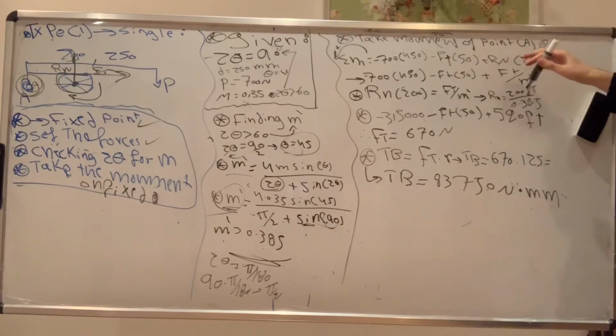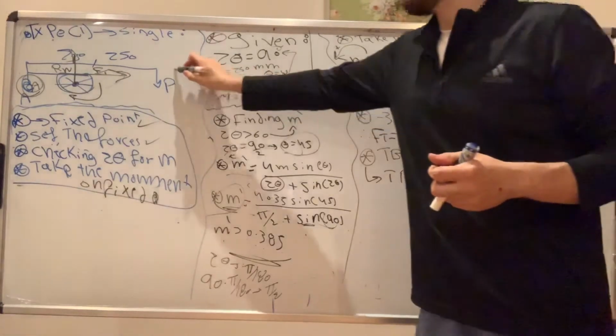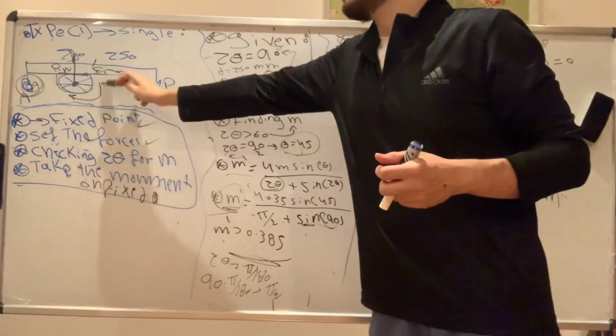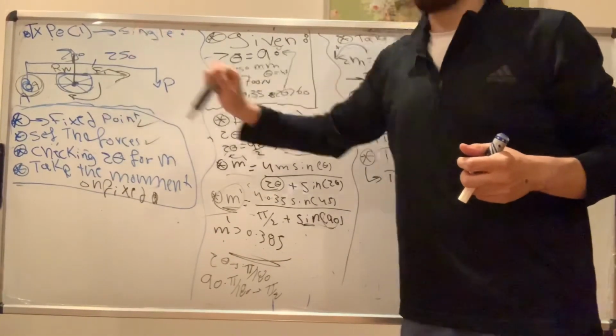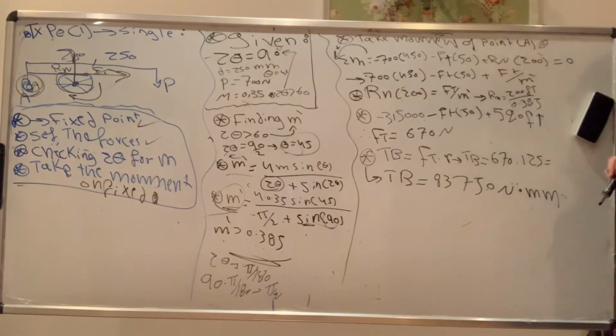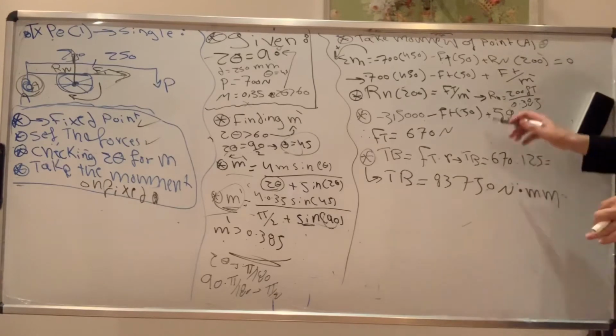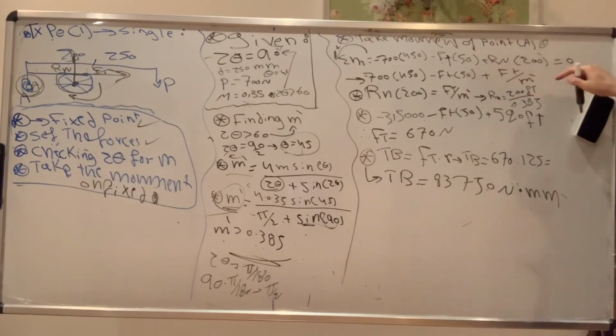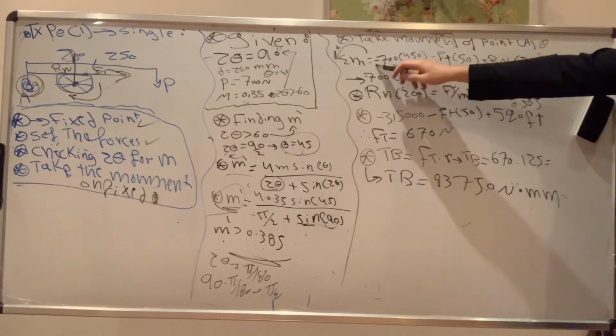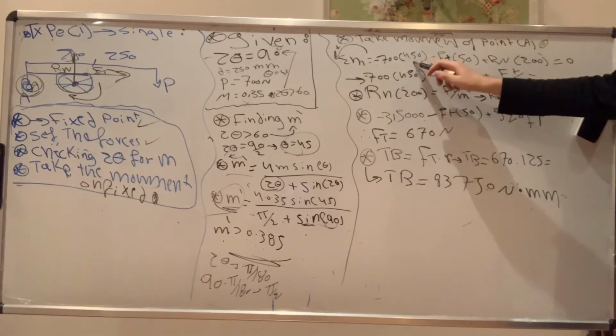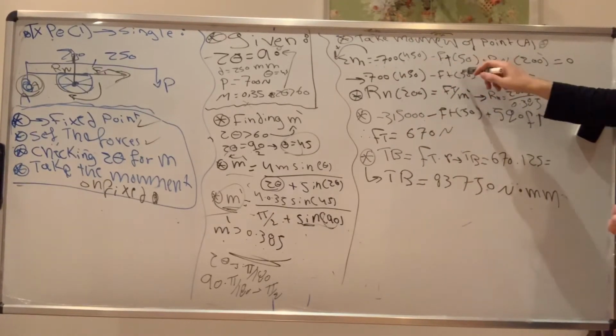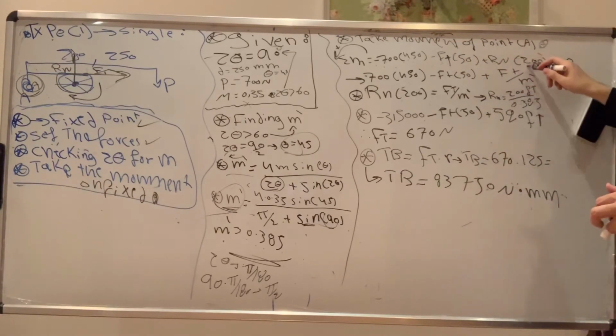All the distances are specified in the question. So when I take the moment, I end up with 700 times 450 minus 50 times 50 plus RN times 200 equals 0.